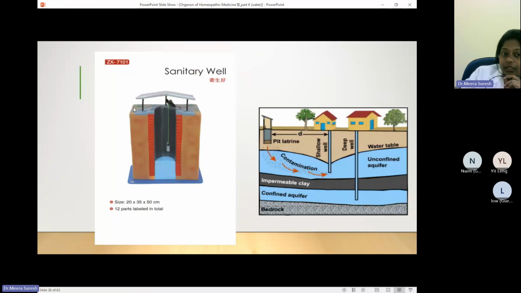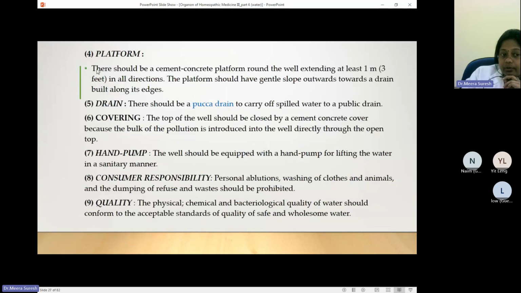But make sure that people are not using it for domestic purposes, and that only the water spilled when they fetch water is accumulated there, not from their personal usage. So it is ideal to have a drain to carry off spilled water to the public drain.